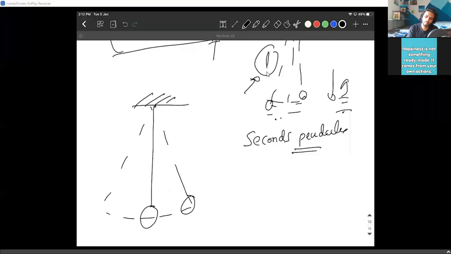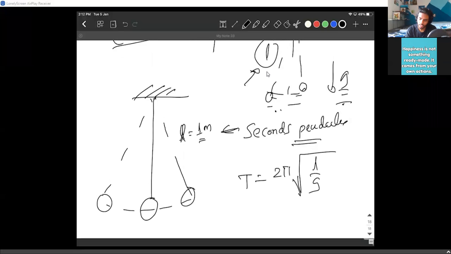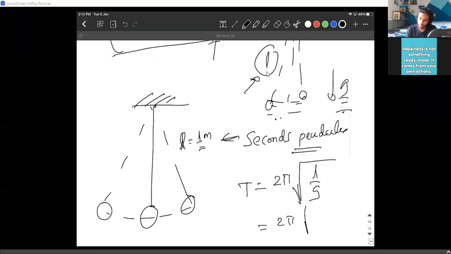A small simple pendulum, let's convert it into a seconds pendulum. The reason they call it a seconds pendulum is that the length is exactly 1 meter. So the time period becomes 2π root over L by g, which is 2π root over L, where L is 1 meter.